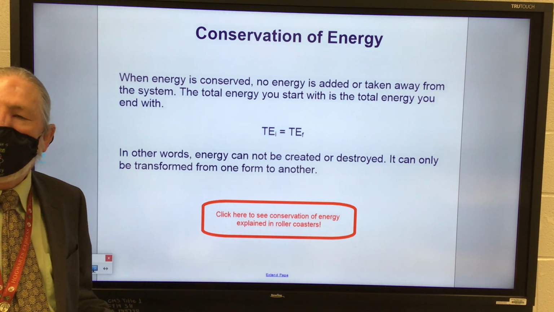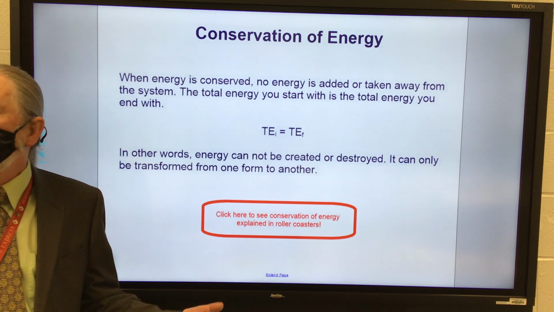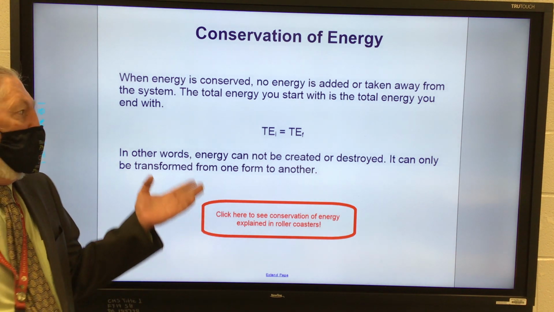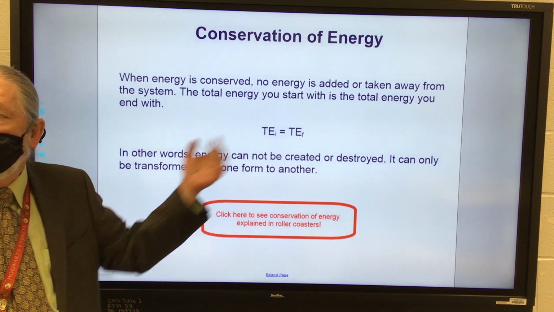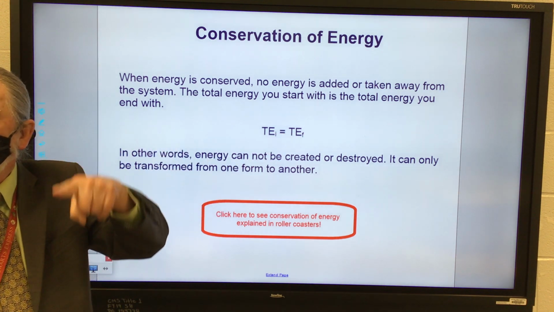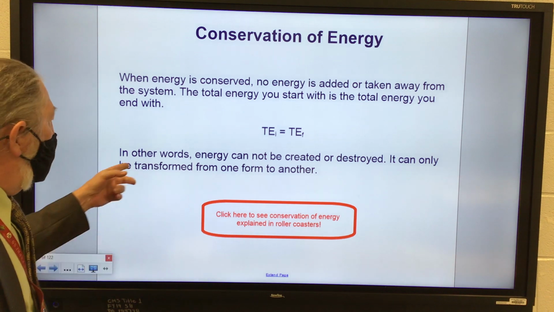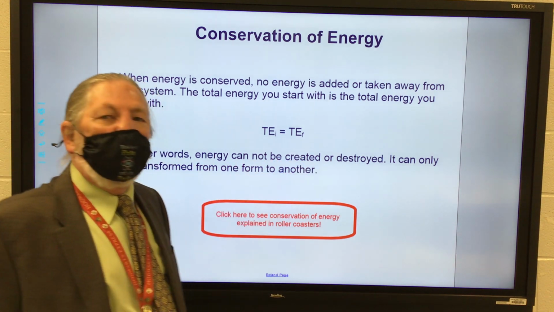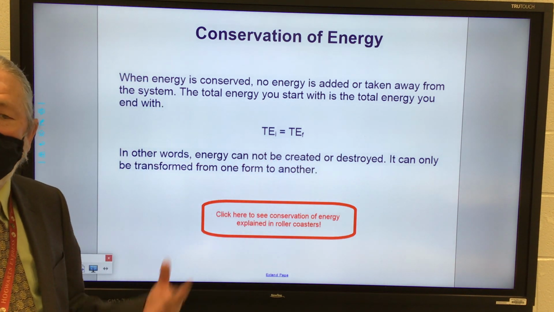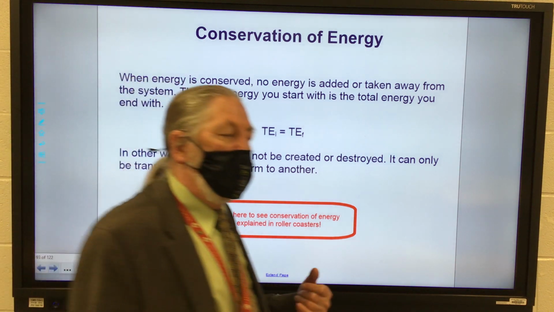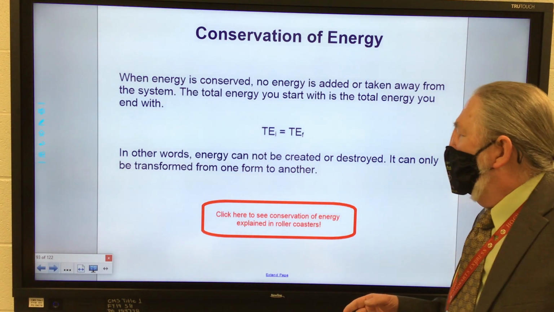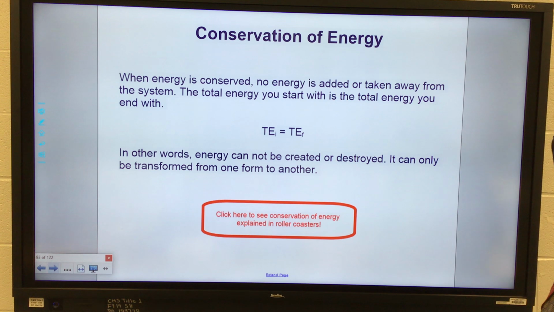Now that sounds almost too simple, right? But that's how simple it is. It stays the same. It just cycles between potential and kinetic. So in other words, energy cannot be created or destroyed. That's a physical law. It can only transform from one form to another.